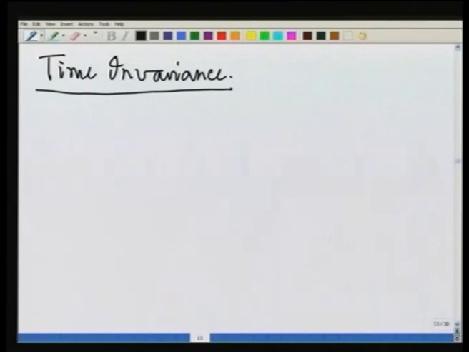Thus, causality, memory were all domain related properties, and stability, linearity were range related properties. Now, we have come to this fifth property, which we call time invariance, and we would perhaps like to ask the same question: is this a domain related property or a range related property? And the fact is that this is also a domain related property.